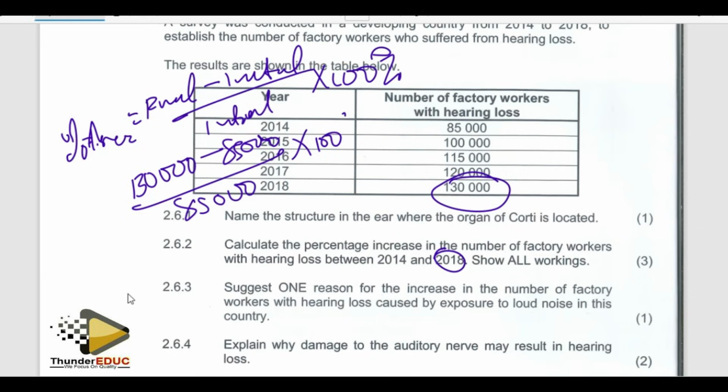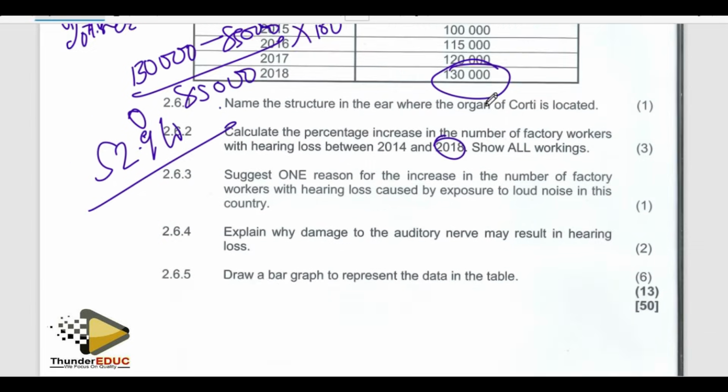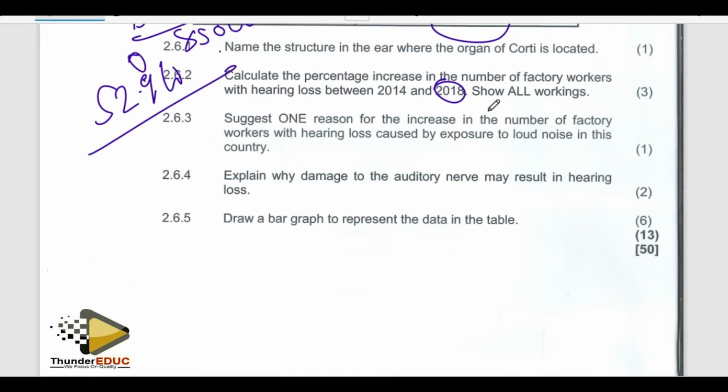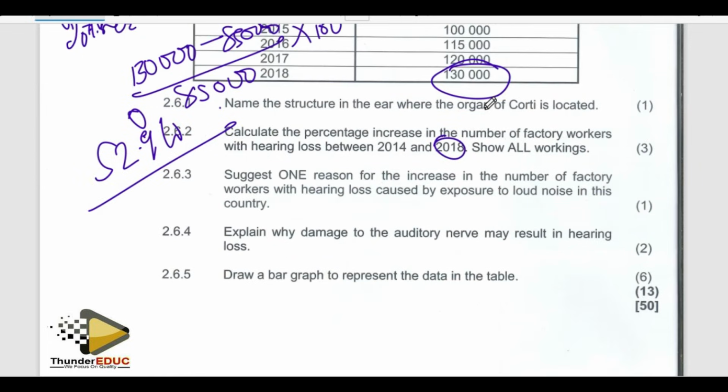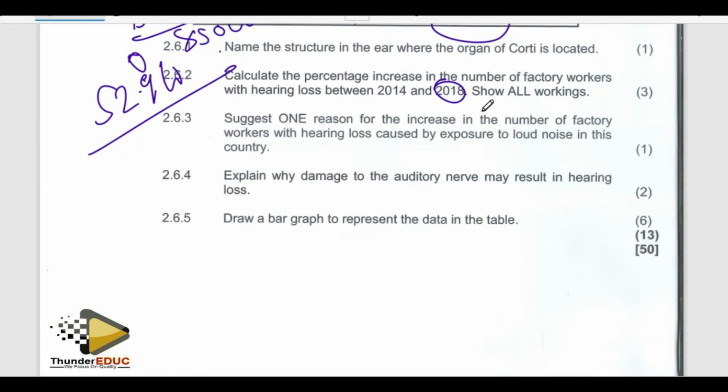So you calculate using your calculators. What is the answer? Around 52.9%. So that becomes the percentage increase. Sometimes they can say percentage decrease, same thing, but then it must be in negatives.